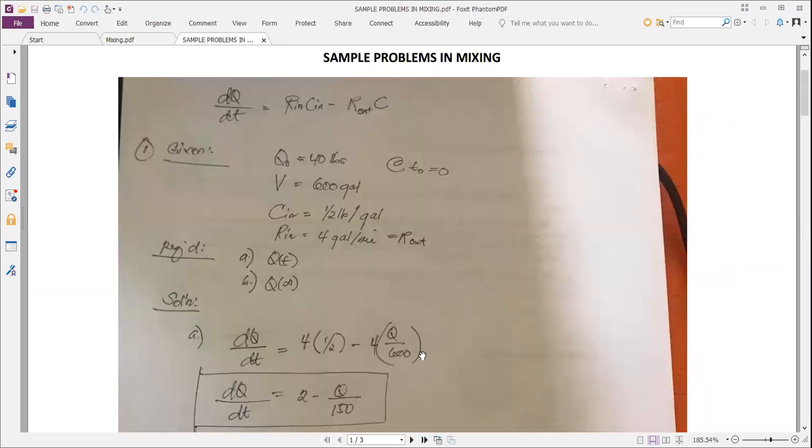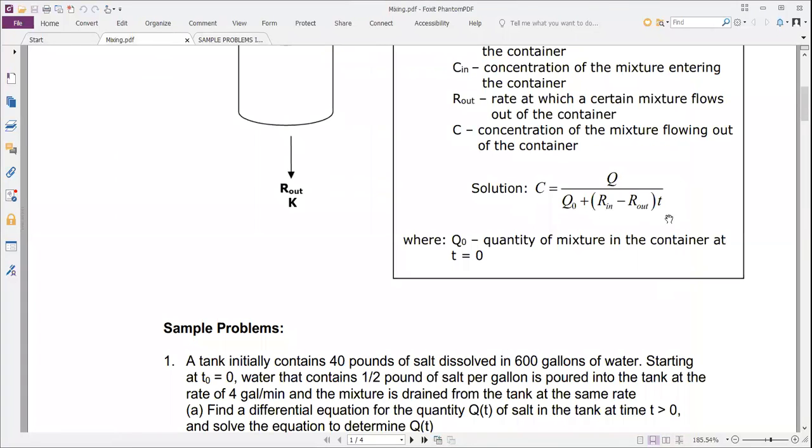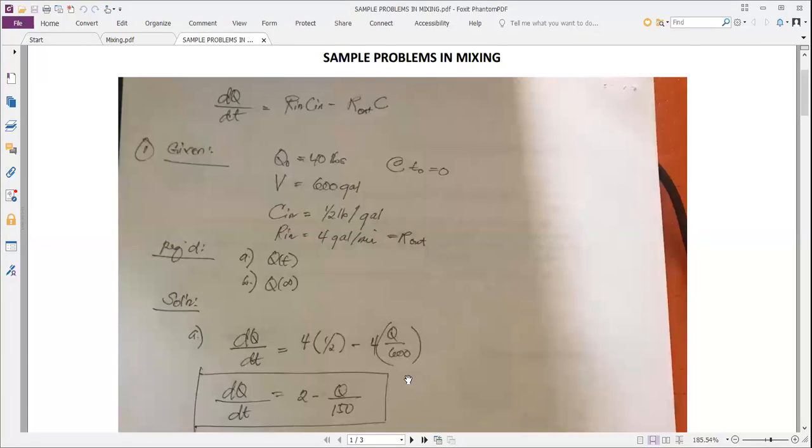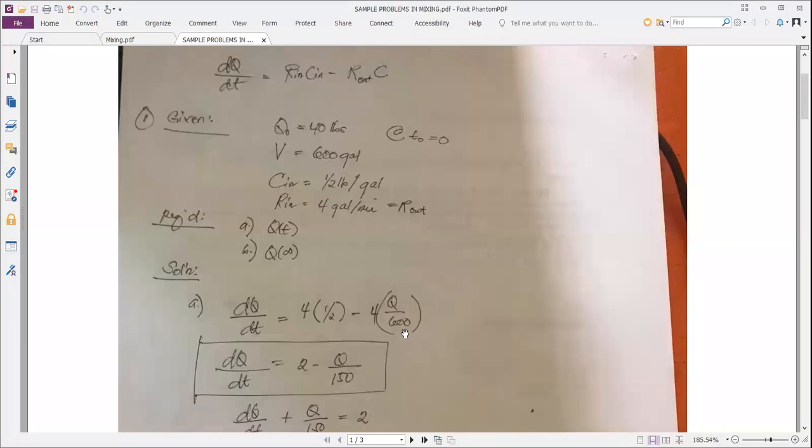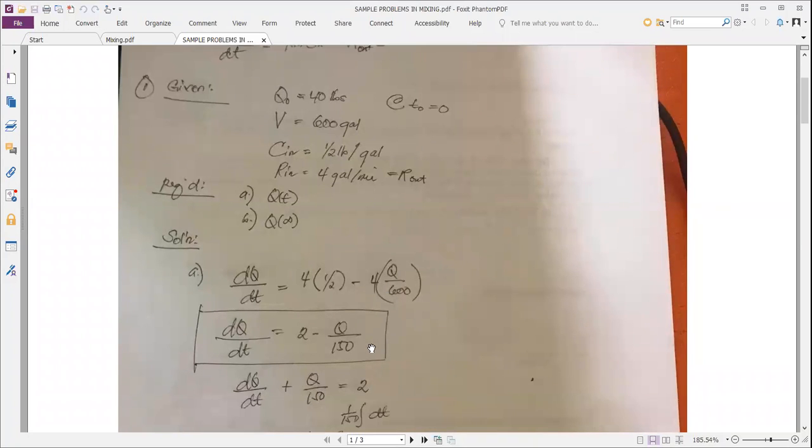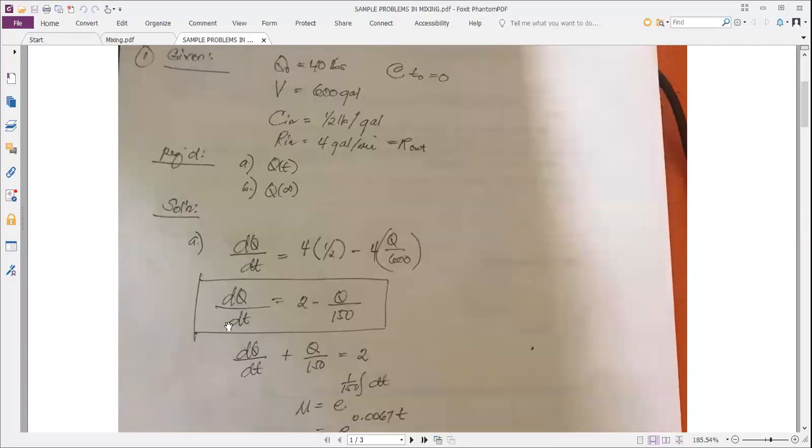You don't see anything else here because these two, when you subtract, will simply be 0. 0 times T is 0. So your denominator will only have the initial volume, because these two rates are equal. That's the reason why you have Q over 600 for the concentration of the mixture inside the tank or of the fluid leaving the tank. So your differential equation in this case is this one.